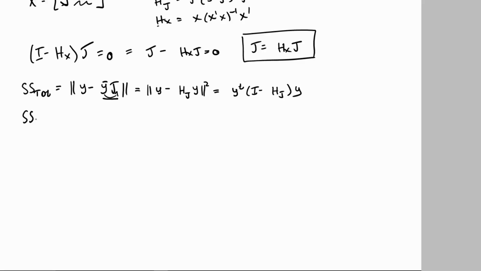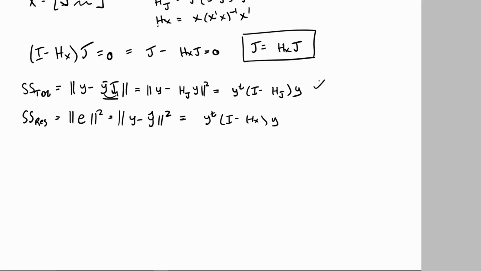Then let me write out the residual sum of squares as the norm of the residuals, the norm of e squared, which is norm y minus y hat, where y hat is the fitted values from the full model with x in it. So that we know is y transpose I minus h of x times y.